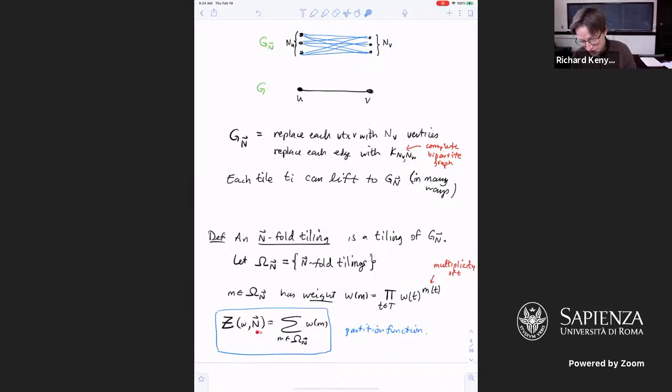And then, of course, the partition sum is the sum over all tilings of their weight. That's a natural thing. And if you like, we can set all the weights to be 1, and then this is just the number of tilings.